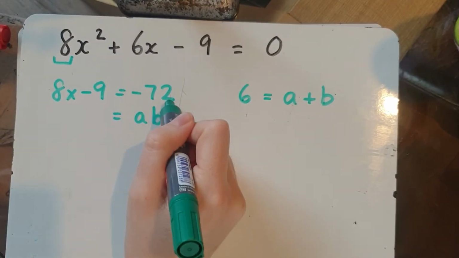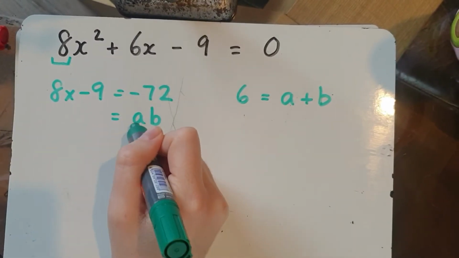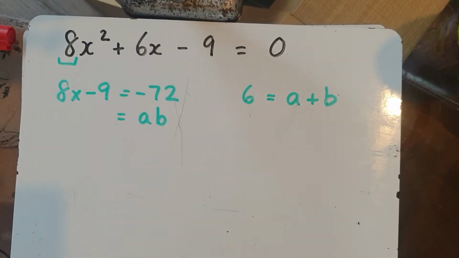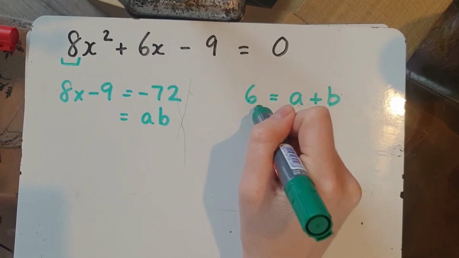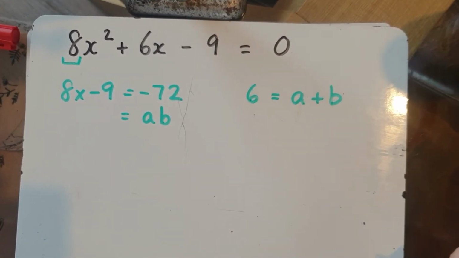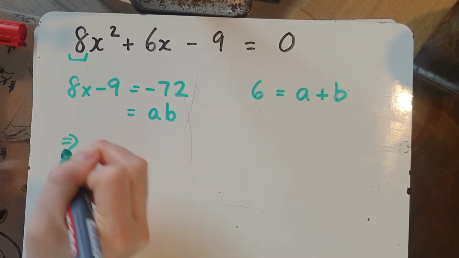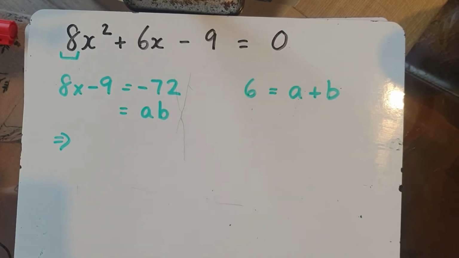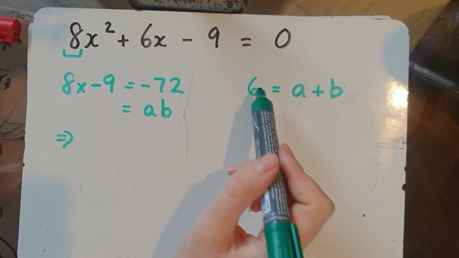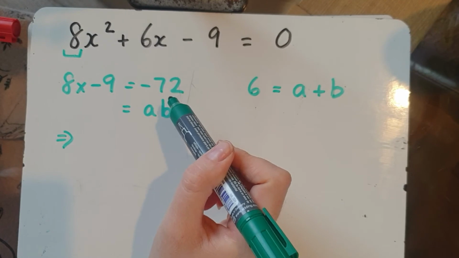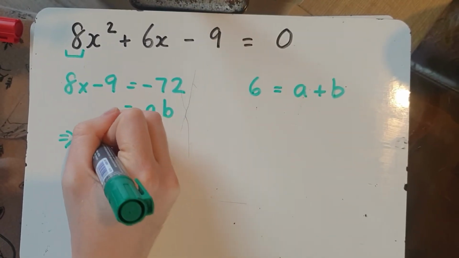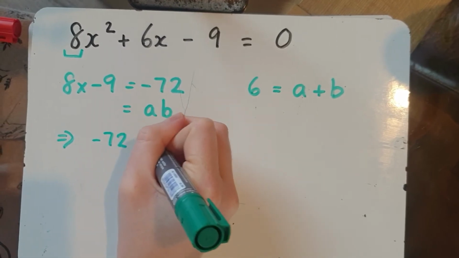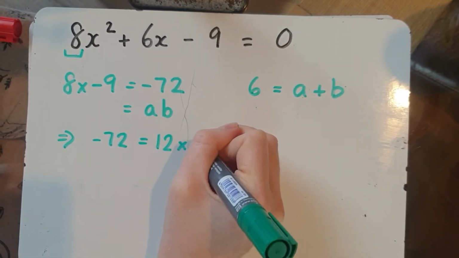Now, because this number is negative, one of these two numbers must also be negative. So where we're doing a plus b to get 6, we're really getting a difference. So I know that negative 72, as well as being 8 times negative 9, is the same as 12 times negative 6.